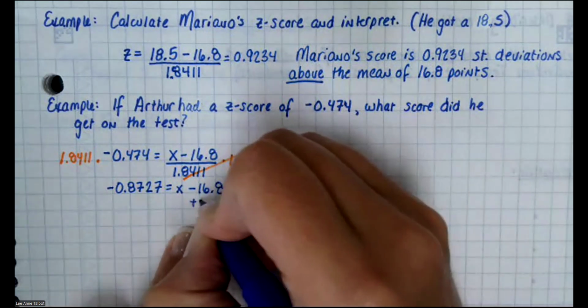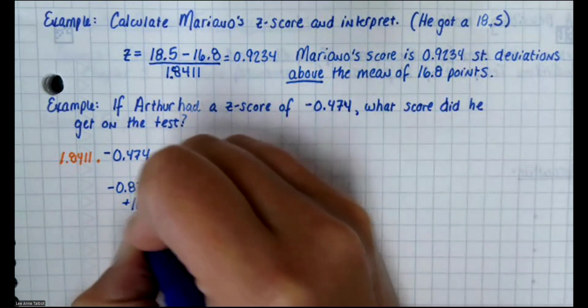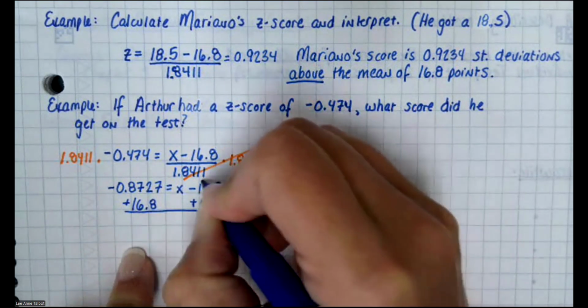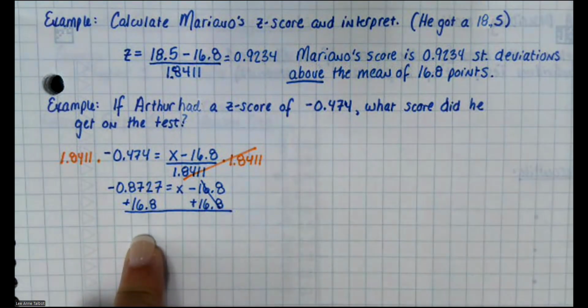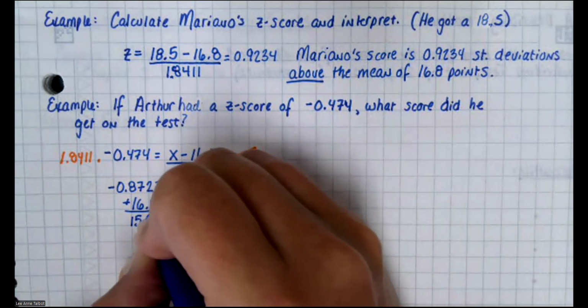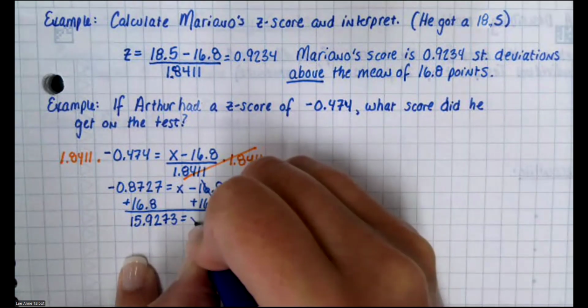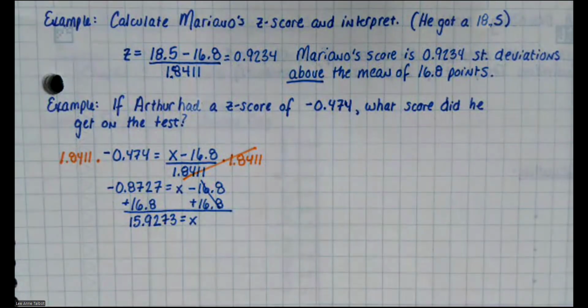And then add 16.8. Okay, so this is close enough. What score did Arthur get? 15.9 is really close to 16.